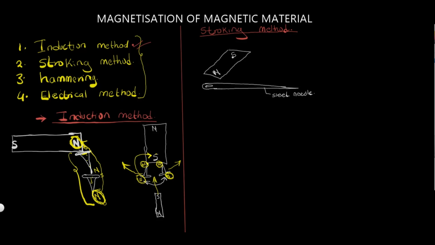Now during stroking, what you're supposed to do is rub this magnet. So let us say, for example, in this case, we rub this magnet in this direction, like this. So we are rubbing this magnet along this steel needle. So what do you think will happen?